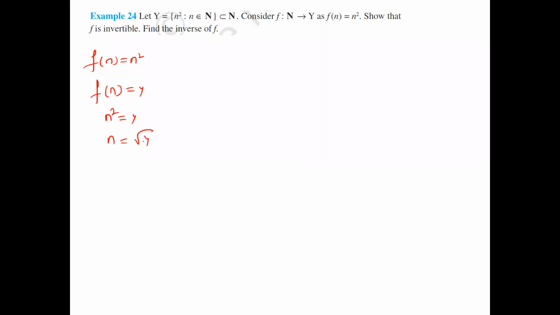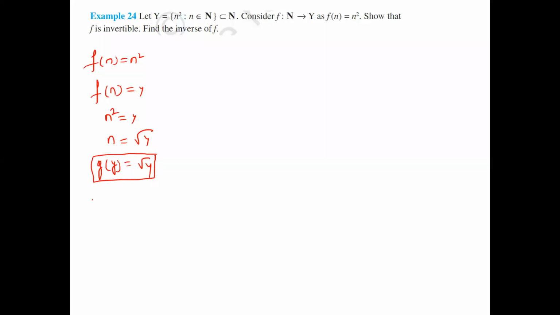Why am I taking the positive value? Observe that y is a natural number, which means only positive natural numbers, there are no negative values. So that's why I am taking the positive value. So n is nothing but g of y equal to root of y.